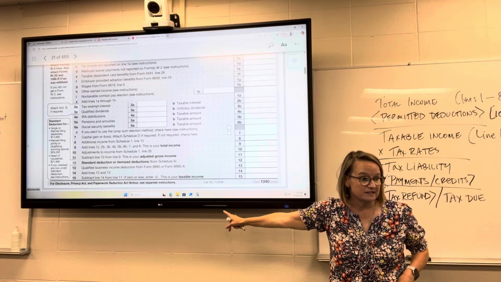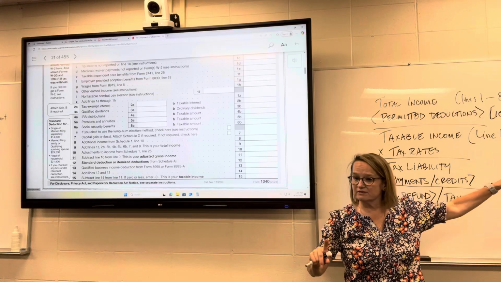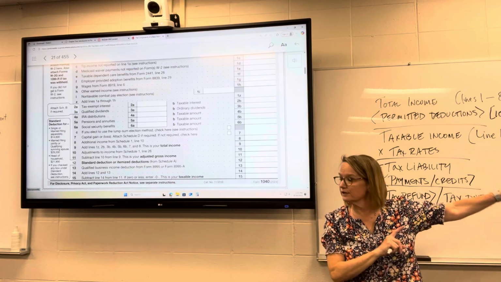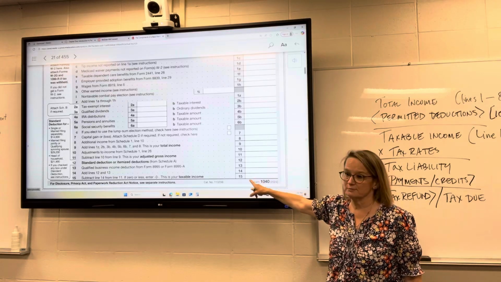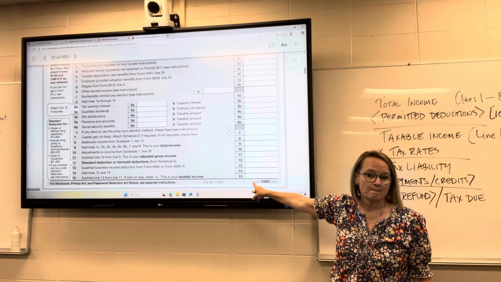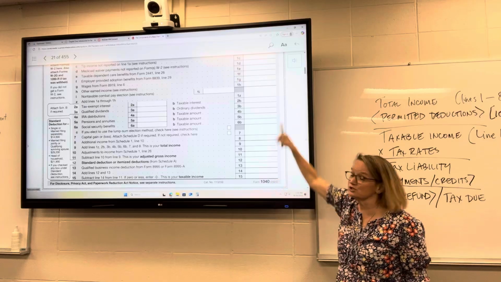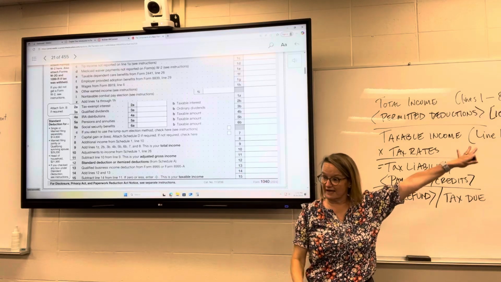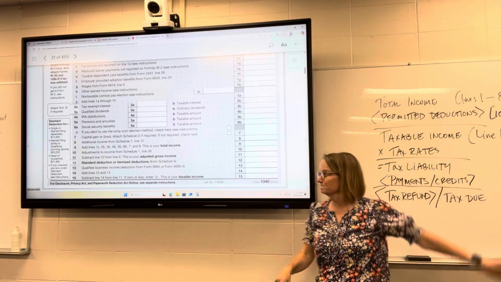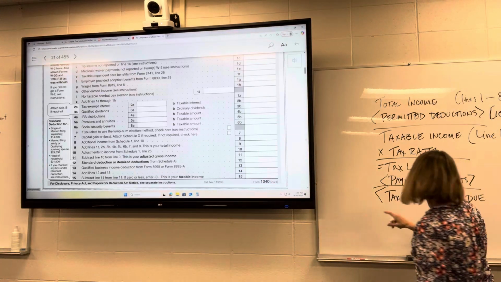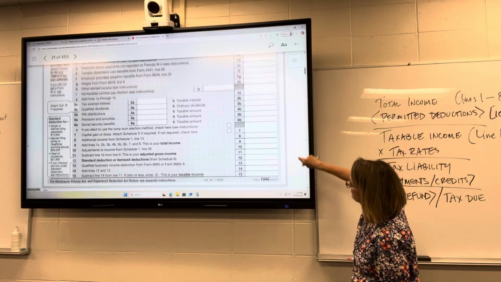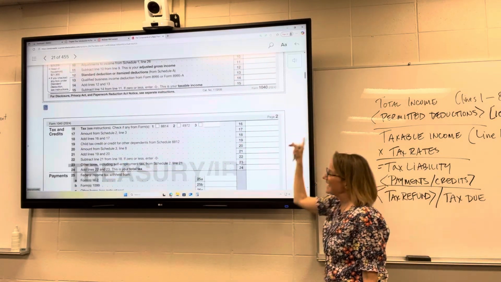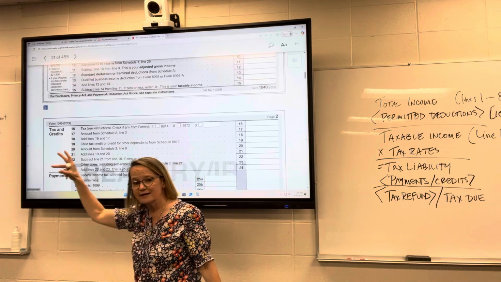It's easy to find. So that 270,000 from the example that we did earlier, it would have been this from line 15. So all of these calculations went into finding that number. Okay? So that's line 15. The tax rates, we kind of do that behind the scenes.